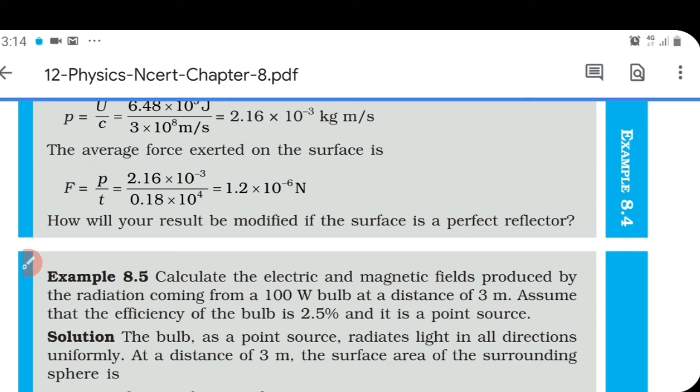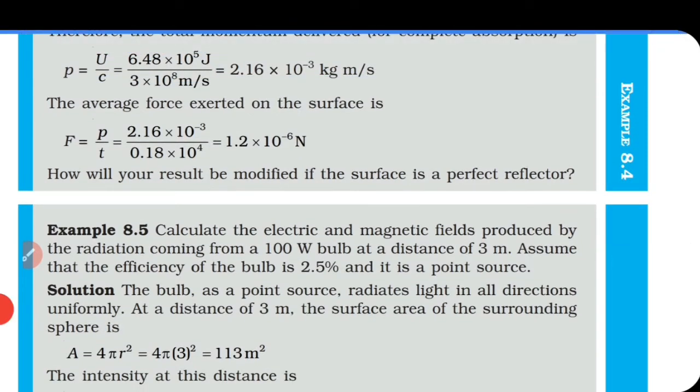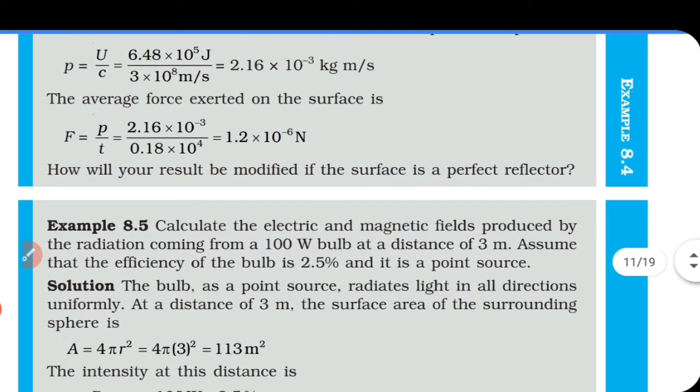And here one question is given: how will your result be modified if the surface is a perfect reflector? If the surface is a perfect reflector, we know the whole light will be reflected and the change in momentum will be twice the earlier one. That means instead of U, you will have the change in momentum as 2U.